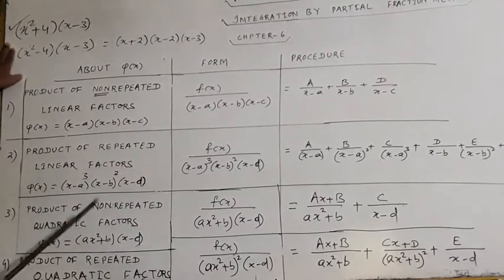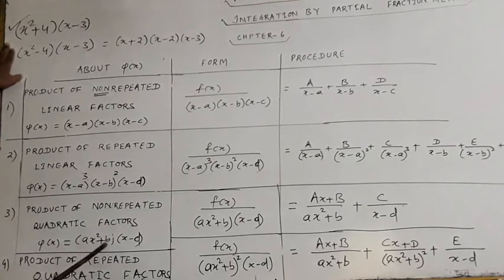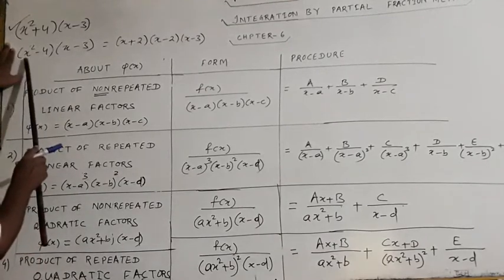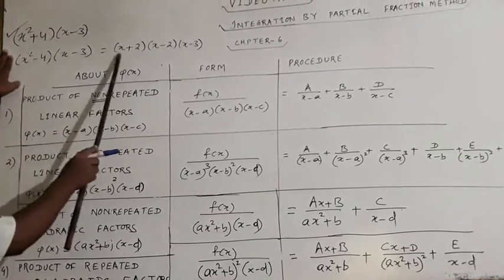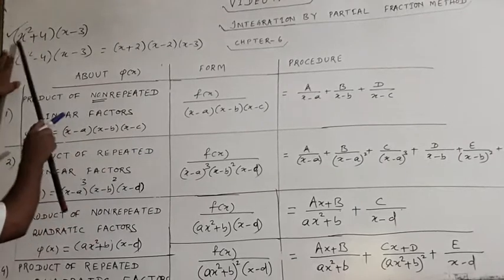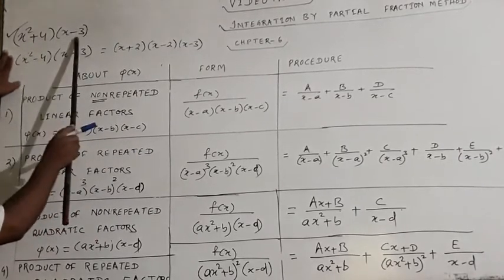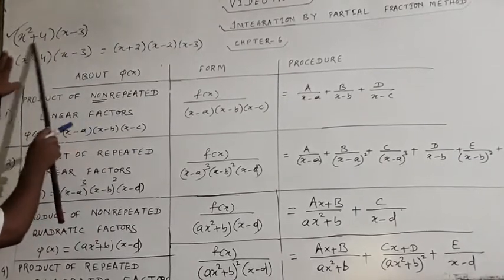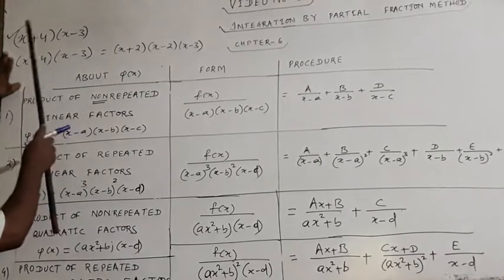So for non-repeated quadratic, the quadratic factor cannot be factorized more. Okay, so now this is a quadratic, it cannot be factorized more. So this is non-repeated quadratic because this term cannot be factorized more.